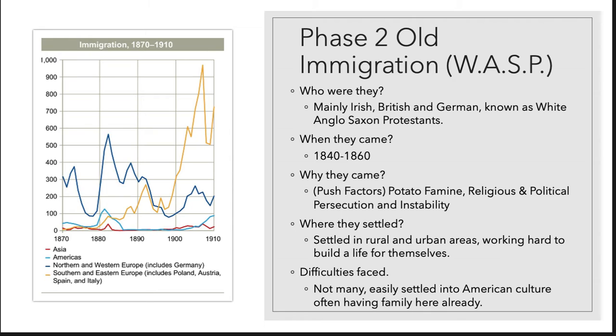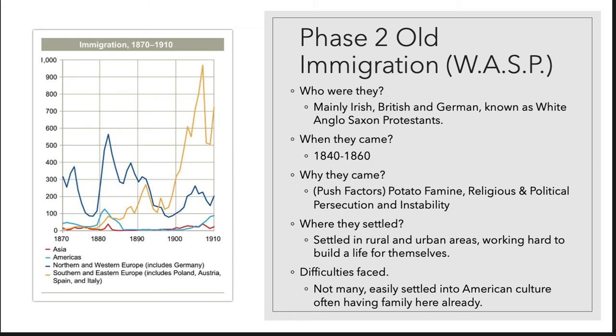And what I want to really highlight here is when we look at the Irish, British, German, and you look at them standing next to the Americans that were already here during this time period, they aren't going to look very different, okay? These people aren't going to be able to be picked out of a crowd as noticeably different than those that were already here, mainly because that's where our roots already were.